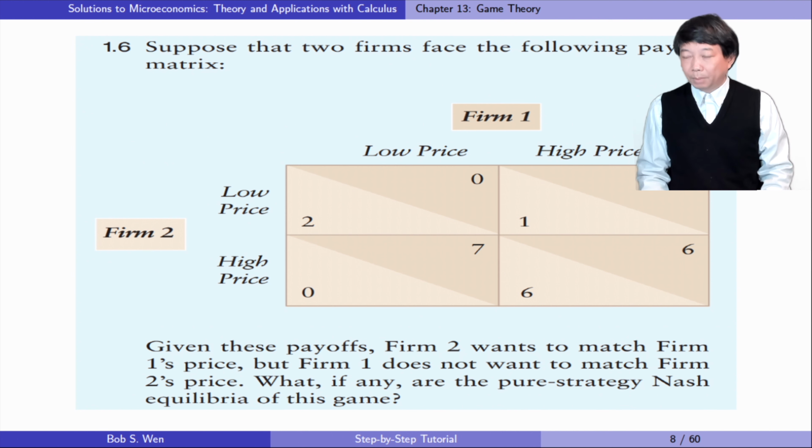Here's exercise 1.6. Suppose that two firms face the following payoff matrix. Given these payoffs, firm 2 wants to match firm 1's price, but firm 1 does not want to match firm 2's price. What, if any, are the pure strategy Nash equilibria of this game?